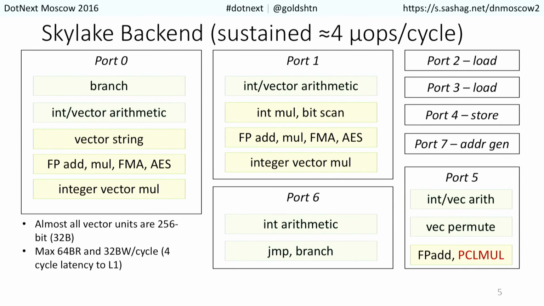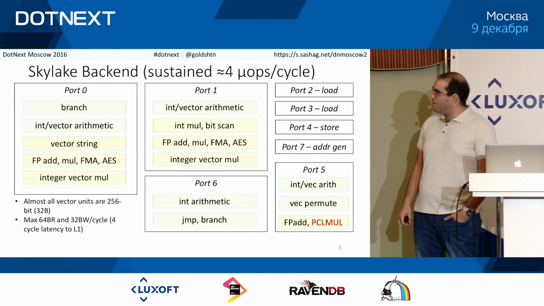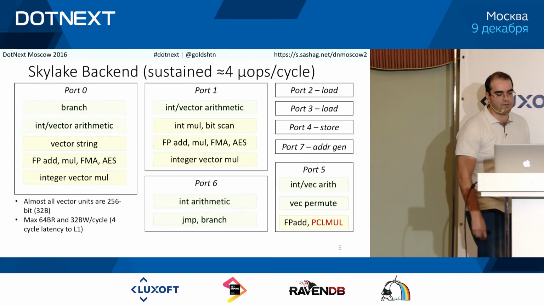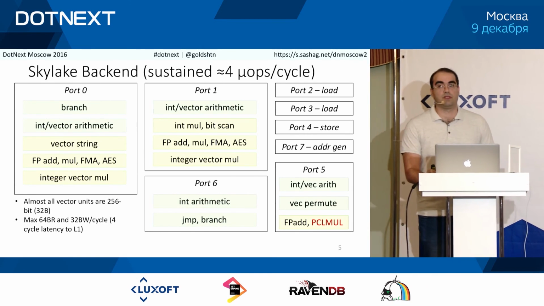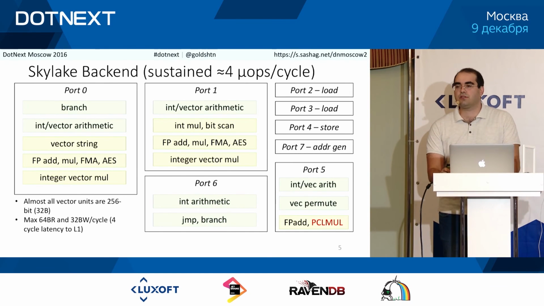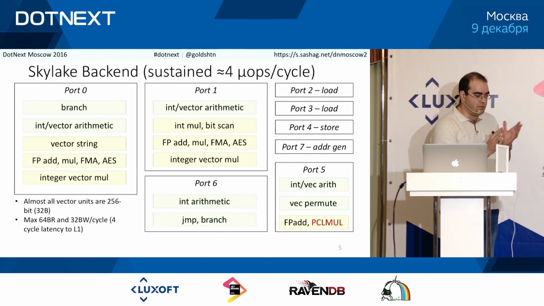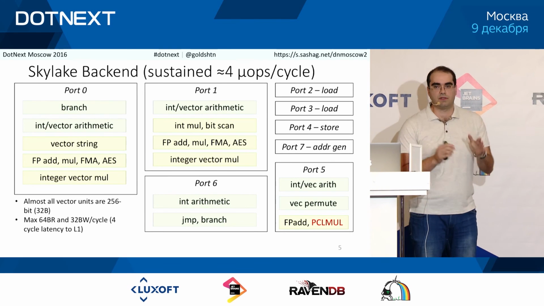And most of the stuff is really in these 2 categories. There are some very infrequent instructions which are really slow to execute, and most of them I haven't shown here, but there's one example, for example, in port 5, you have PCLMUL, which is carry-less multiply, and this is a pretty slow instruction. There's some other slow instructions, but most of them are pretty quick or somewhere down the middle.